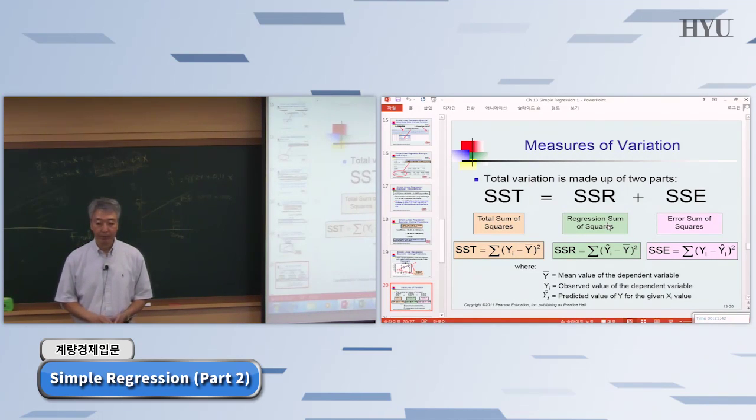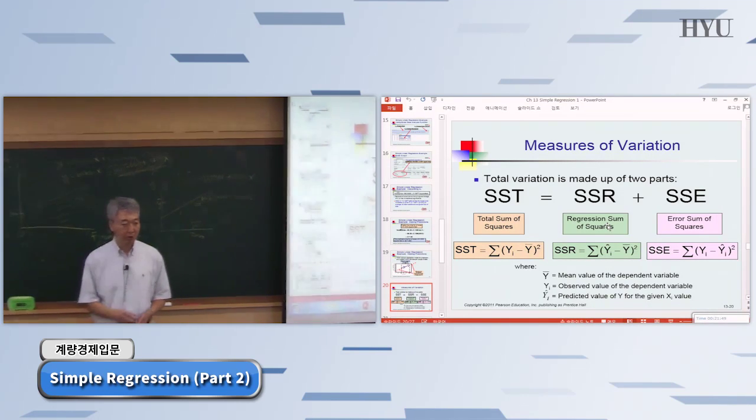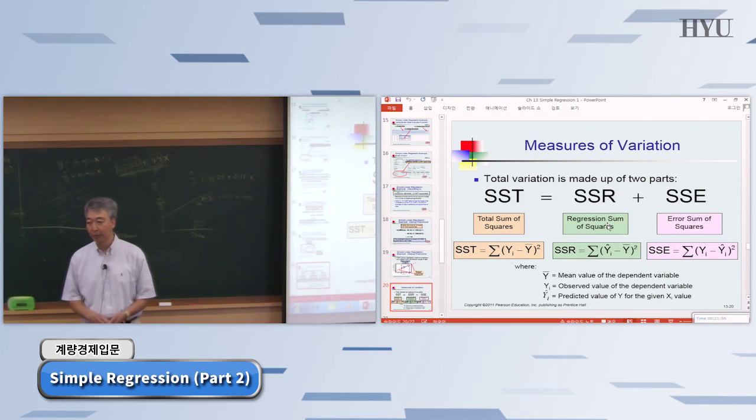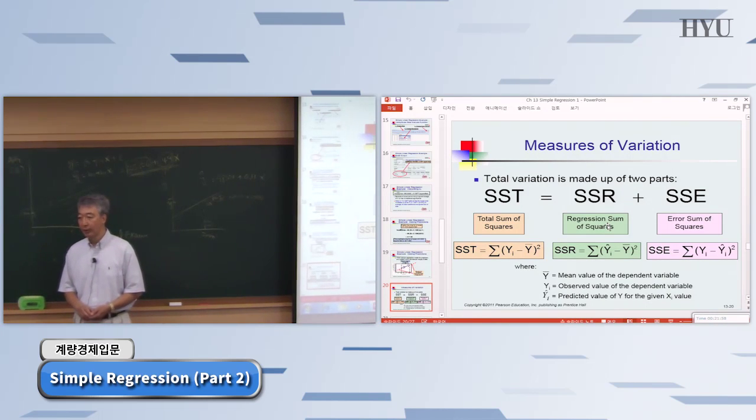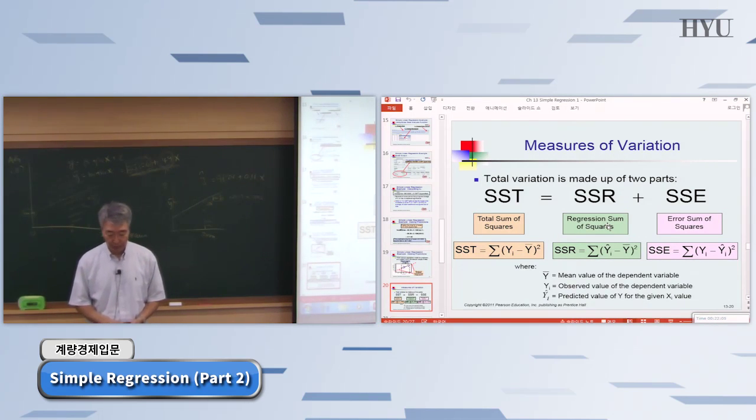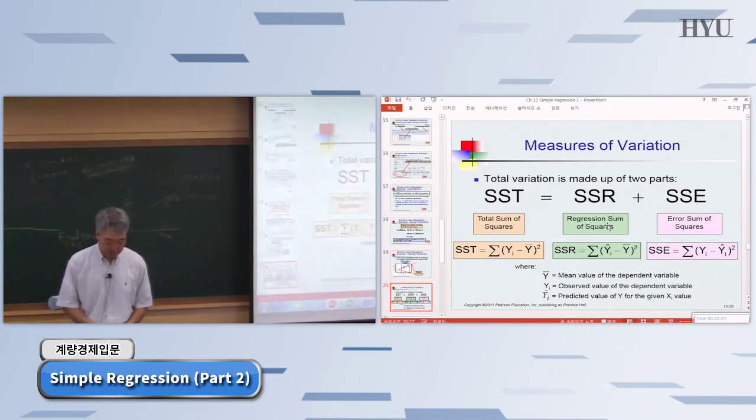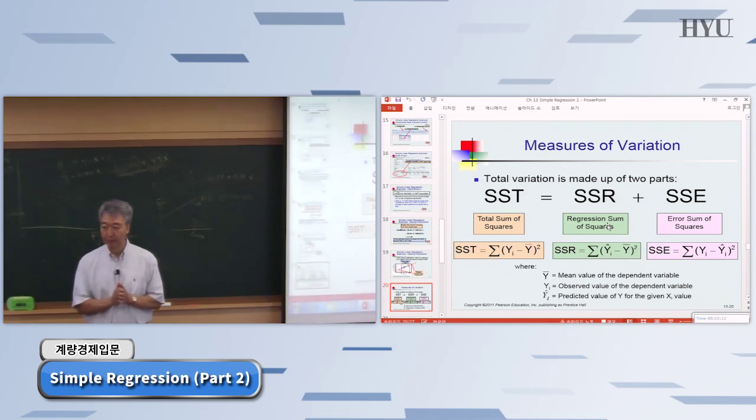Before you actually use the equation and make an investment, like spending money to purchase a house, you have to see whether this relationship is reliable, or how trustworthy your estimation is. Is this really accurate? So the next step is to come up with some measure of accuracy of this estimation.